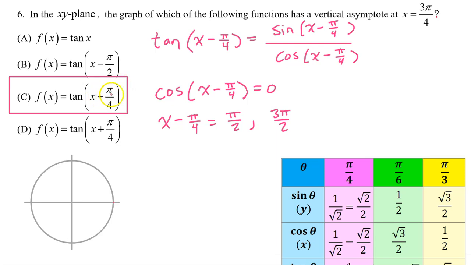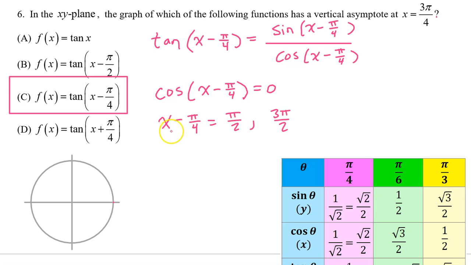Similarly, option C is equivalent to sine of x minus pi over 4 divided by the cosine of x minus pi over 4. Option C will have a vertical asymptote wherever the cosine of x minus pi over 4 is equal to 0. So we need to solve for x minus pi over 4, and we know that cosine is equal to 0 at pi over 2 and 3 pi over 2.